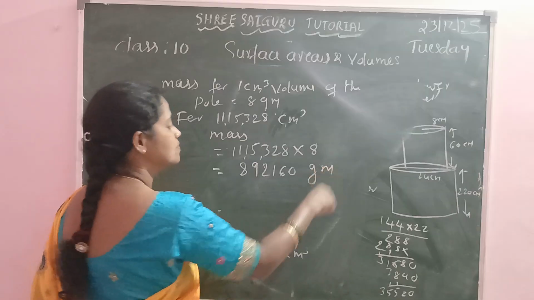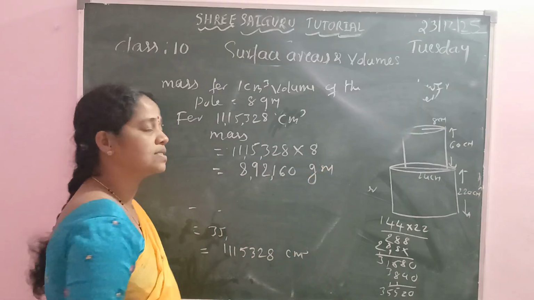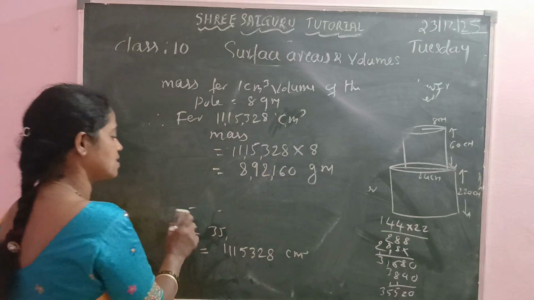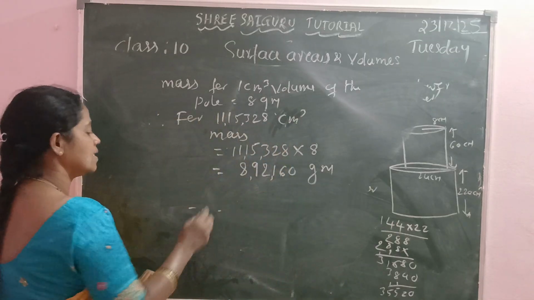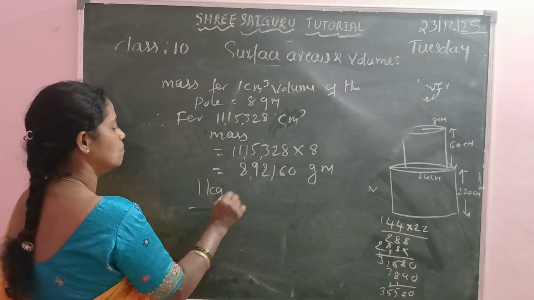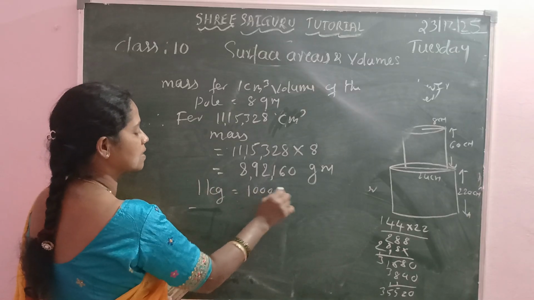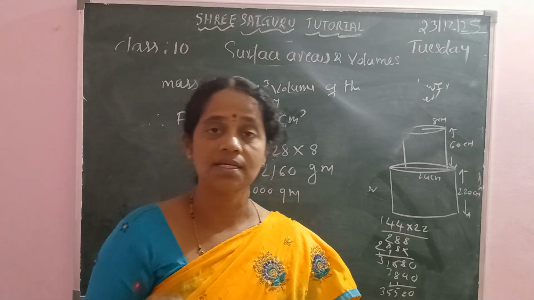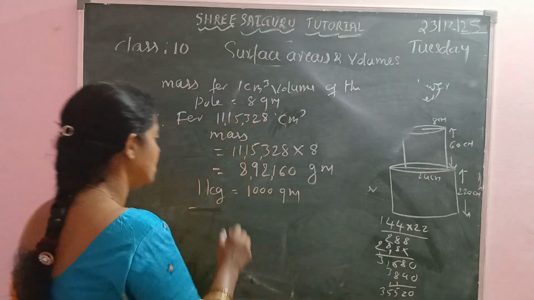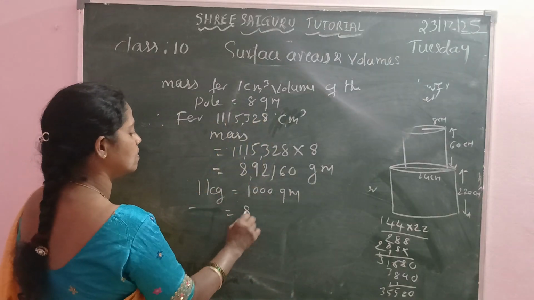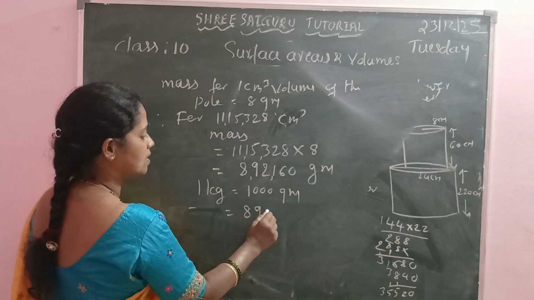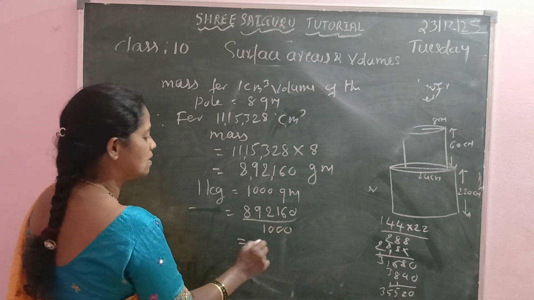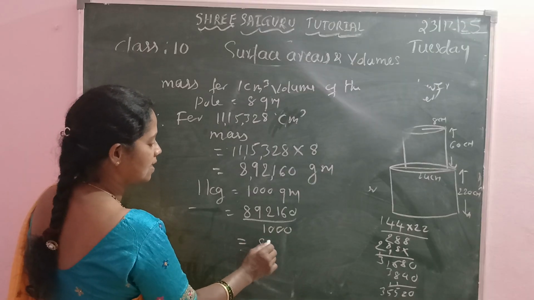892160 gram. So we got the answer in grams, and we have to convert this into kg. 1 kg is equal to 1000 gram. So we divide this number by 1000.